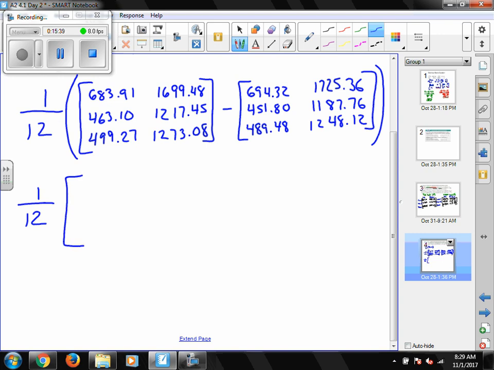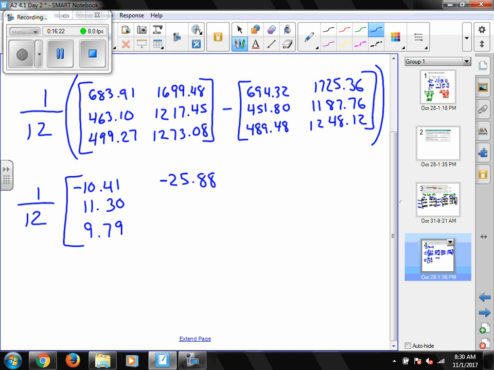When you subtract these, we're going to take our 683.91 minus 694.32, and that is going to give us negative 10.41, not 10.40. And again, I'm going to work down my first column. 463.10 minus 451.80 is going to give me 11.30. And down in the bottom left, you should get 9.79. And in the right-hand column, top right, I'm going to get negative 25.88.